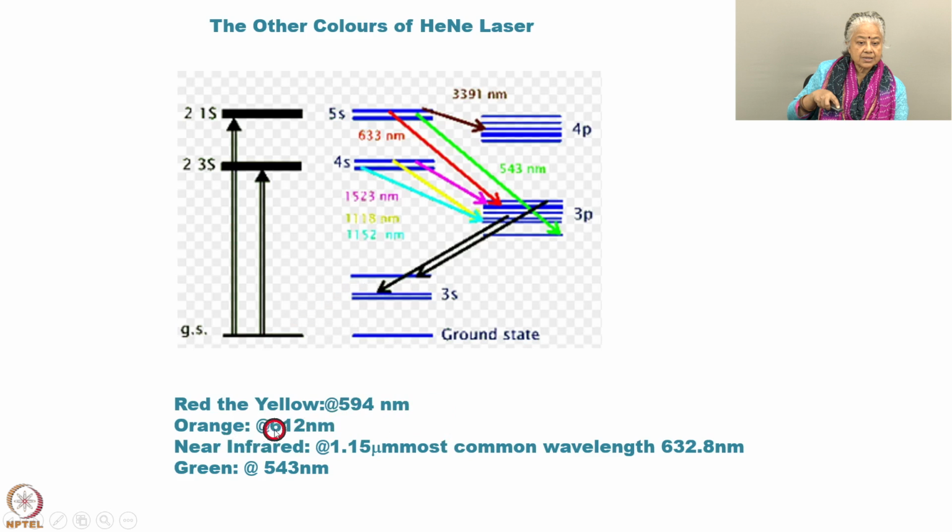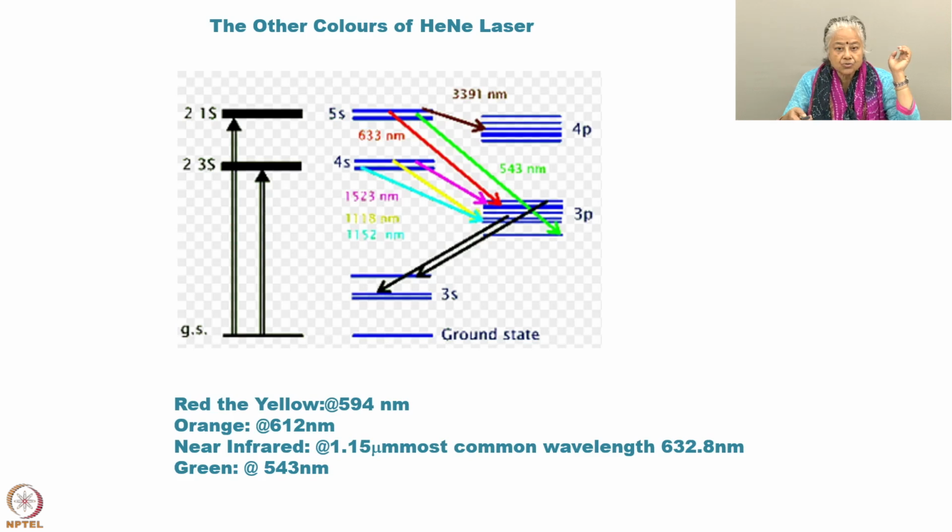The orange line is 612 nanometers, and near infrared is 1.1, and it is a common wavelength. Most common is of course 632, which is the red line. The letters have just got a bit jumbled here, and the green is 543 nanometer. So, you have all these colors from green, slightly blue, orange, red, possible for a helium neon laser.